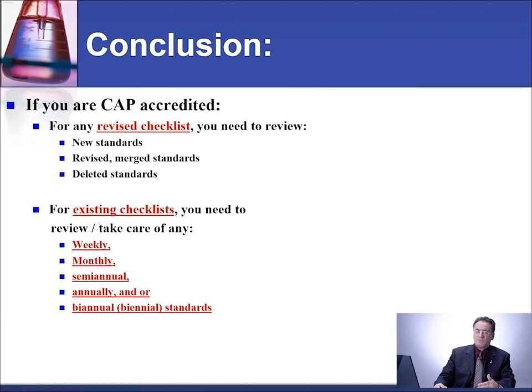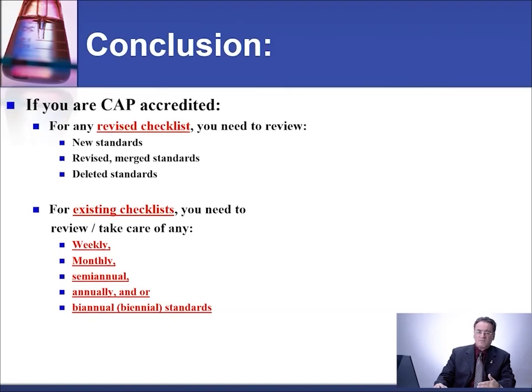If there are things you need to take care of weekly, the one I can think of is the eye wash station. You need to take care of that every week. You need to remember to do that. Something done monthly, like maintenance, QC review, you need to remember to do that. Semi-annual, like instrument to instrument comparison, or semi-annual competency. You need to take care of that.